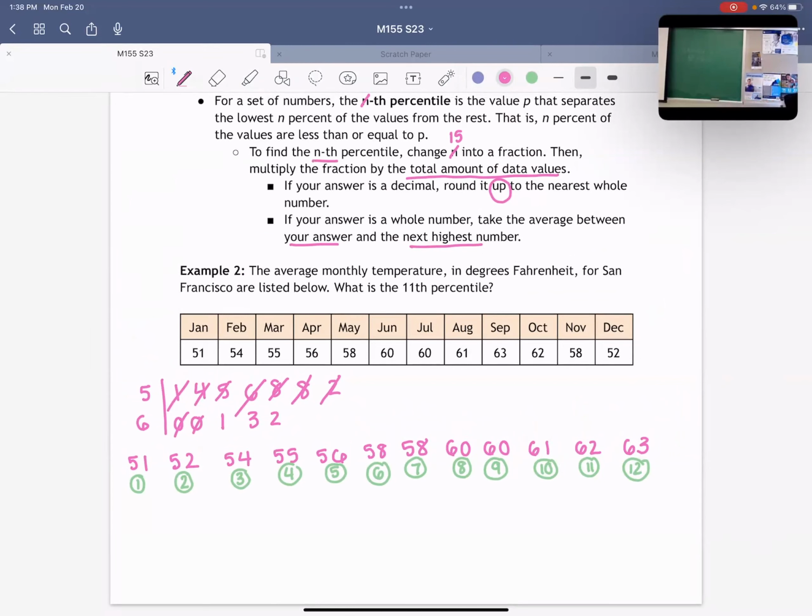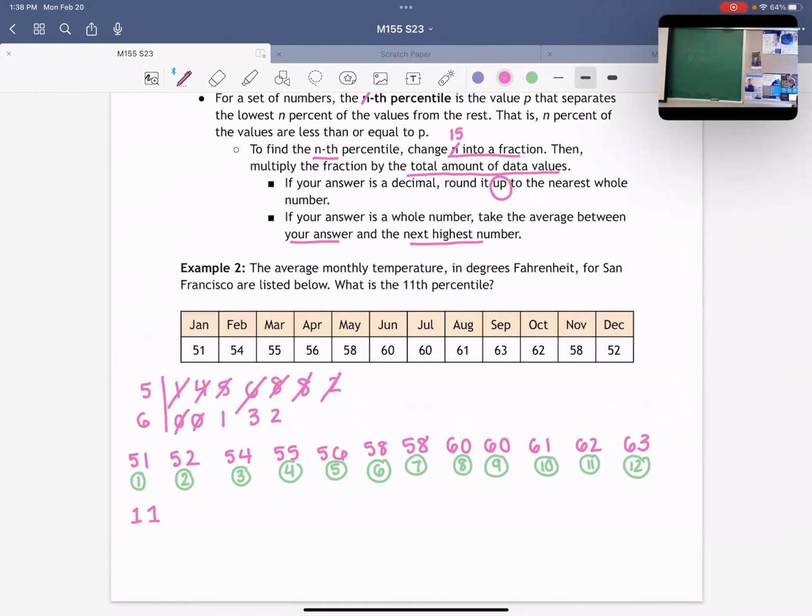To find the nth percentile, change that percentile into a fraction. So first thing I'm going to do, I'm going to take my 11% and change it into a fraction. What's 11% as a fraction? 0.11, perfect. If you ever get confused, just divide by 100, you'll get that decimal. Okay, next it says, then multiply your fraction by the total number of data values.